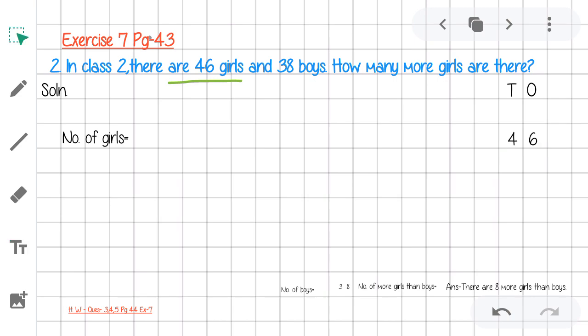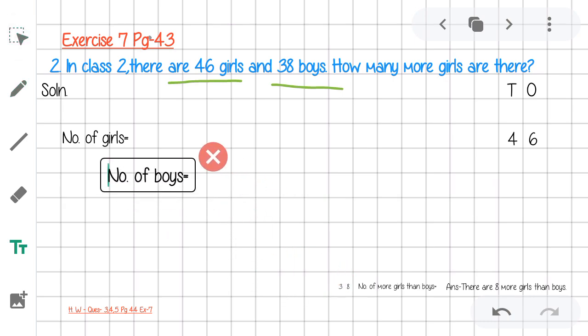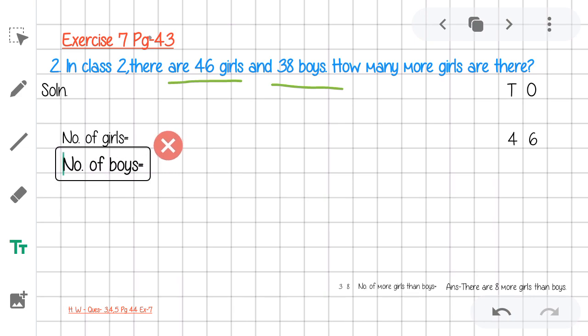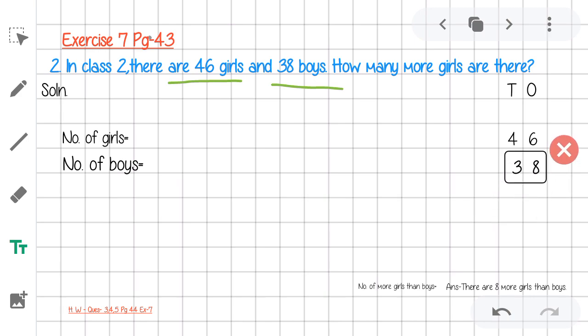Now the next step will be for number of boys. So the step for the same will be number of boys. Then we have 38 in the last two boxes below tens and ones.